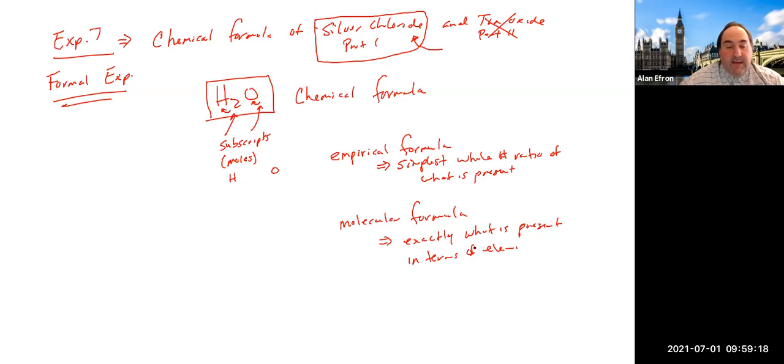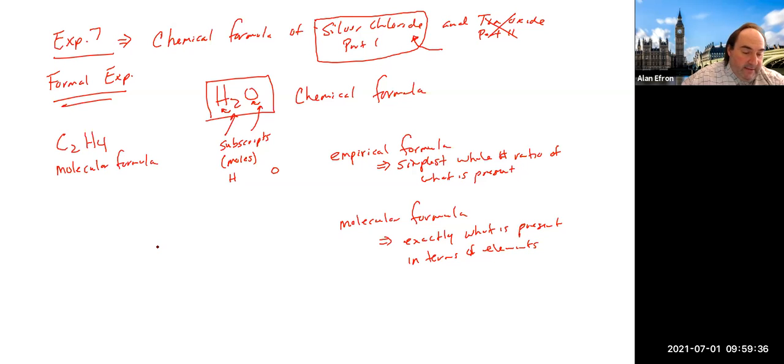Exactly how many hydrogens there are, how many oxygens there are. So, if we take something like C2H4, for example, this could be its molecular formula.